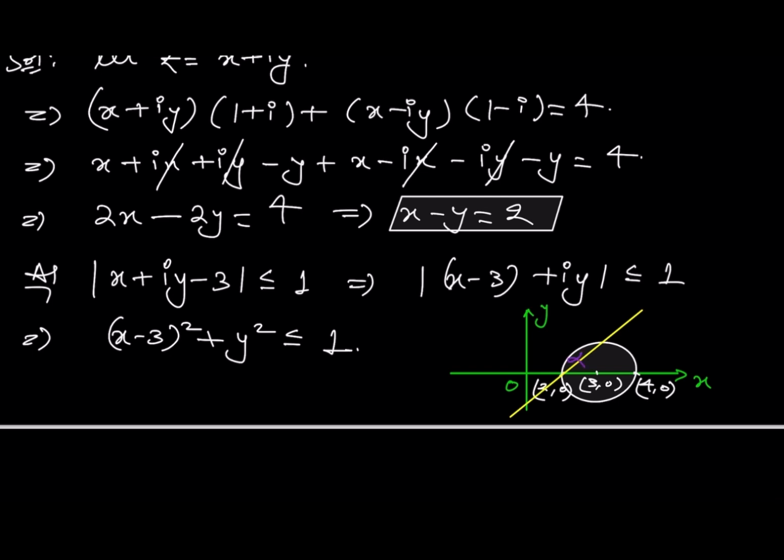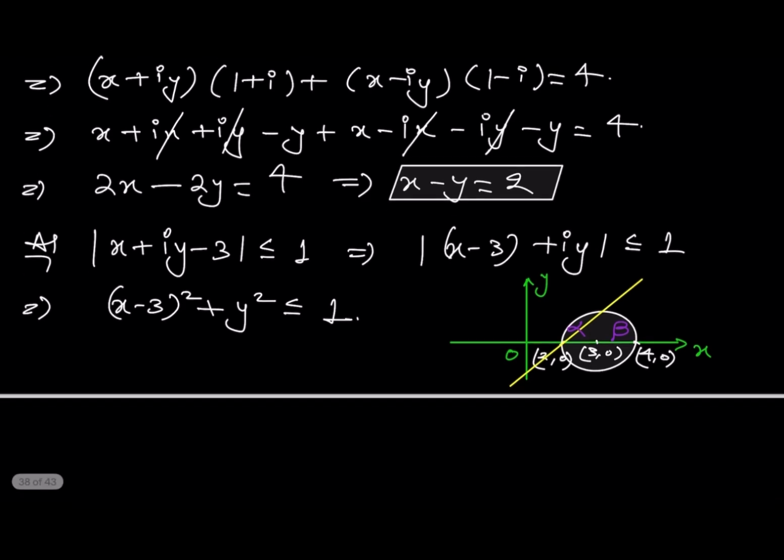So this is alpha and this is beta. Now we have to find alpha and beta separately. So for this we have to find the intersection points of the line and the circle. So one point of intersection is seen already, which is 2 comma 0, but the other one we have to find.